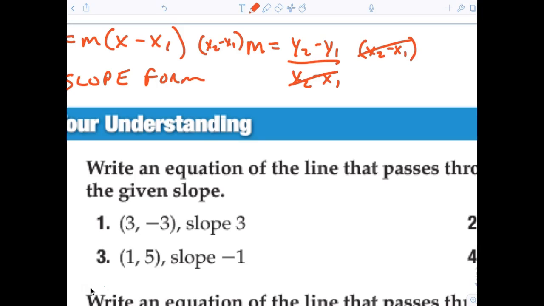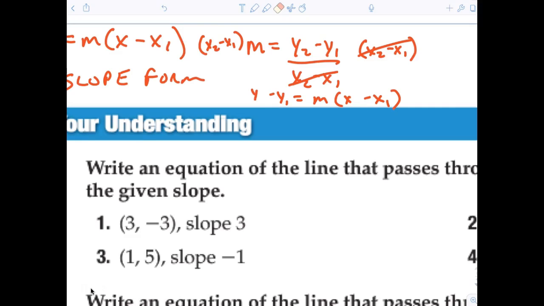And you now have y2 minus y1 equals m times x2 minus x1. I just rearranged it a little bit. So if you ever forget what the point slope formula is, remember that it's derived from the slope formula. The only difference is this y2 is no longer necessary because when you write the equation, you need the x and the y.